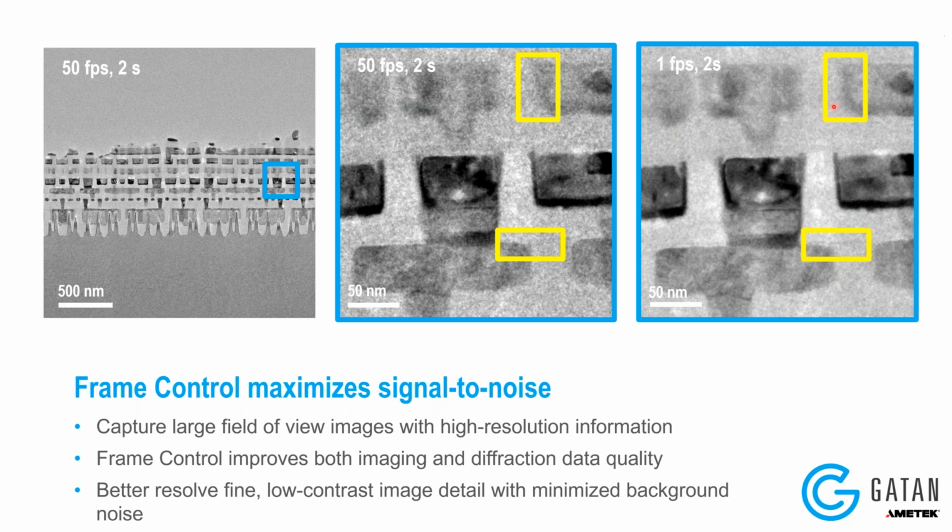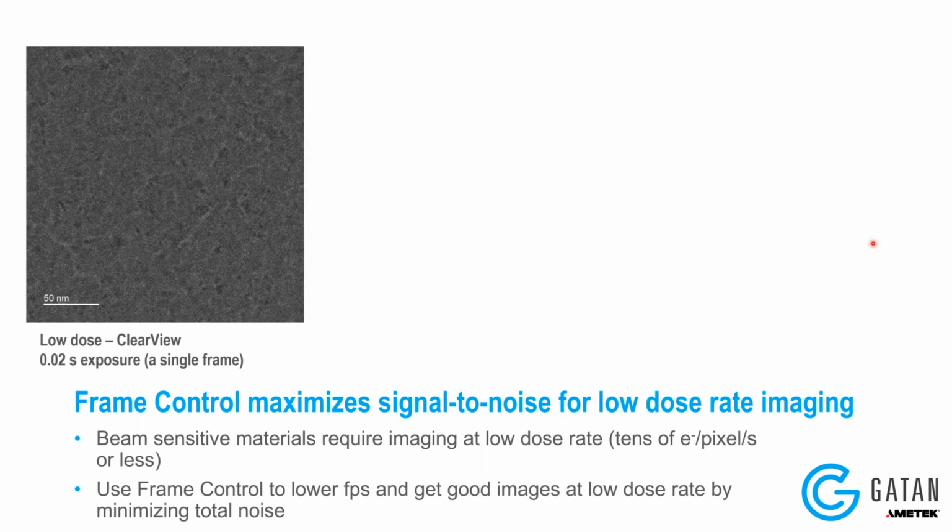And you could see these interfacial features that we were interested in much more clearly than we could at 50 frames per second. Especially down here, you can see that there's some interface here maybe that we were really interested in resolving that we couldn't quite see at the higher speeds. And so having the ability to adjust the frame rate to match your imaging requirements for signal to noise is super useful with the frame control mode.